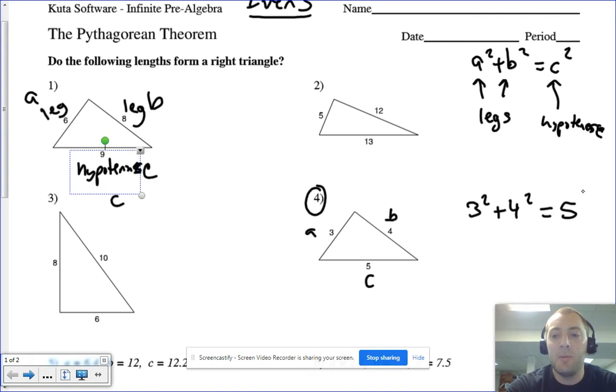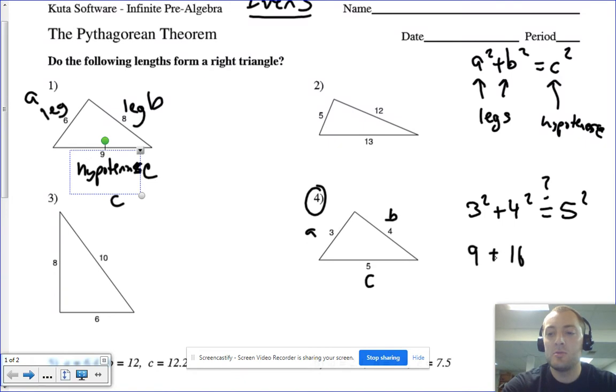A lot of people might make the mistake of just doing 3 plus 4 equals 5, and 3 plus 4 doesn't equal 5. That is not the same as 3 squared plus 4 squared equals 5 squared. The Pythagorean theorem, as we proved it in last lesson, clearly is a squared plus b squared equals c squared. So if I simplify this, we want to know if they're equal. 3 squared is 9, 4 squared is 16.